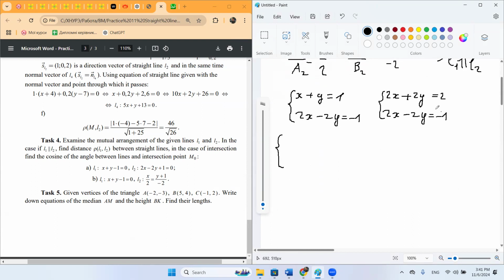Then if I add them, like in the Gaussian method, 4x equals 1. And y, by the way, equals 1 minus x from this equation. So x equals 1/4 or 0.25, y equals 3/4 or 0.75.